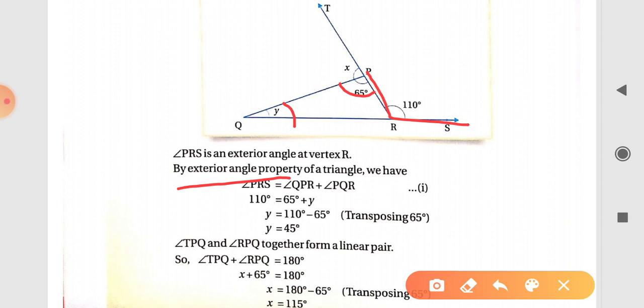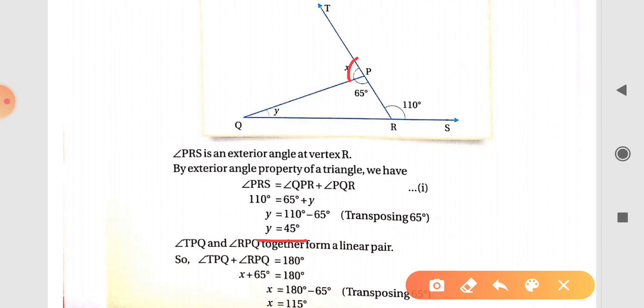So angle PRS will be equal to angle QPR plus angle PQR. Then put values of these angles. Angle PRS is 110 degree and angle QPR is 65 degree and PQR is y. After solving this we get y is equal to 45 degree. And now we have to find x, and x is this angle.